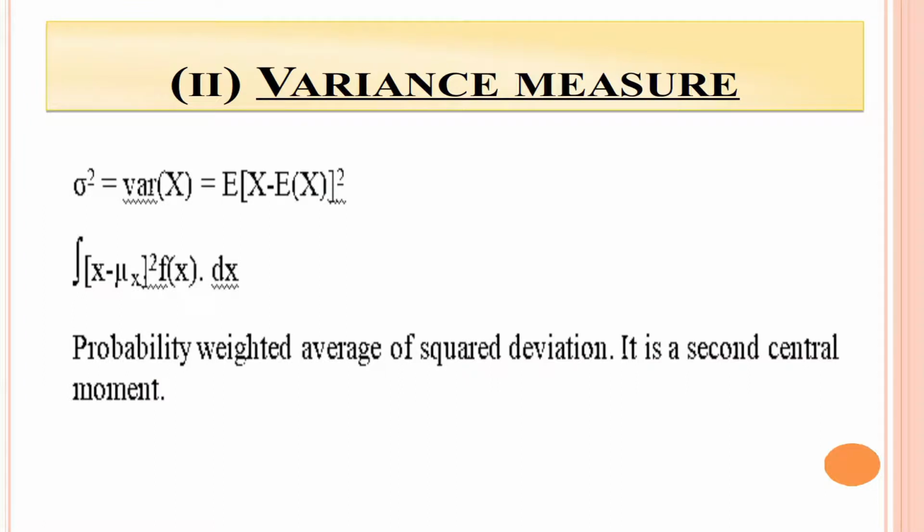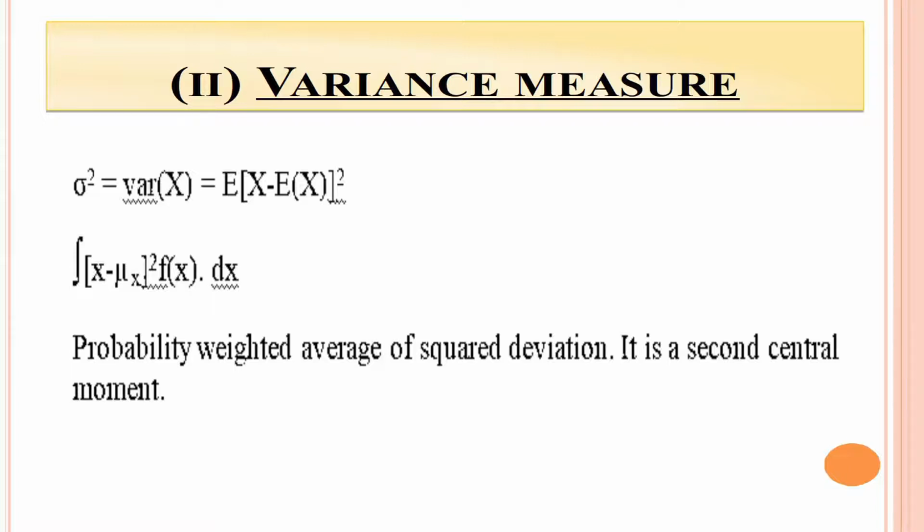Similarly, we may define a variance measure for the random variable capital X. Here sigma square is equal to variance of x, which is equal to the expectation of (x minus expectation of x) whole square.